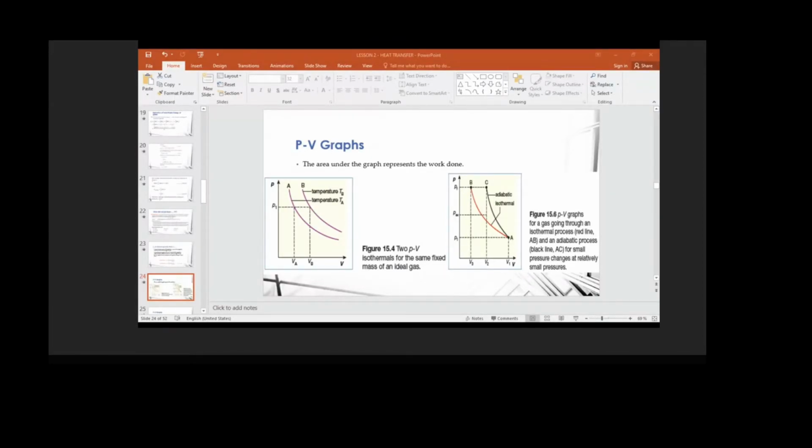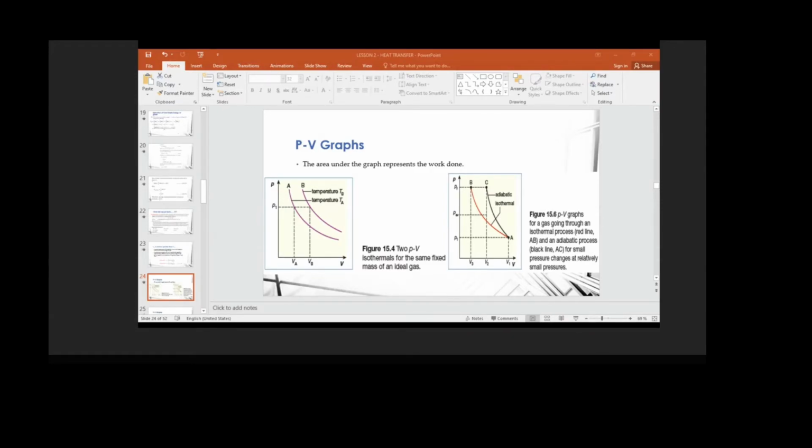All right, so let's look at the graph on the left. The graph on the left tells us that once the volume increases, then the pressure is decreased. Now, in this case, because of the shape of these curves, it's an isothermal process. An isothermal process means that the temperature of these gases does not change.